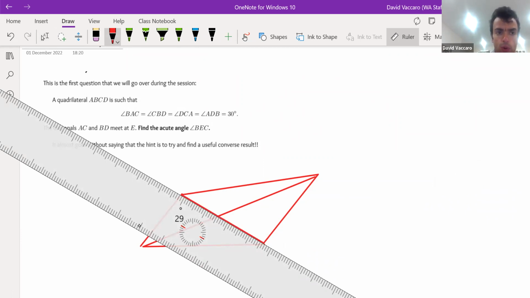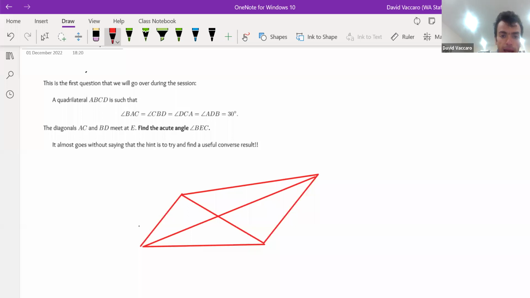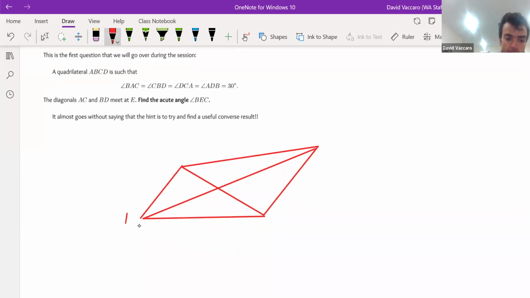And let's get rid of my ruler, and let's put this information into a diagram. So we've got A, B, C, D. And then it gives me a whole bag of angles: BAC, which is 30 degrees, CBD, which is 30 degrees, DCA, which is 30 degrees, and ADB, which is 30 degrees.